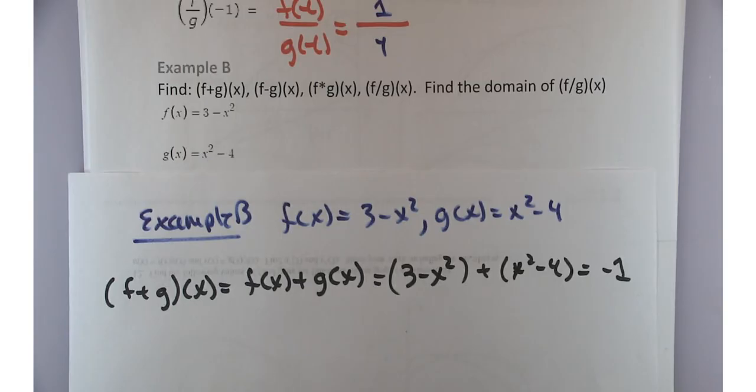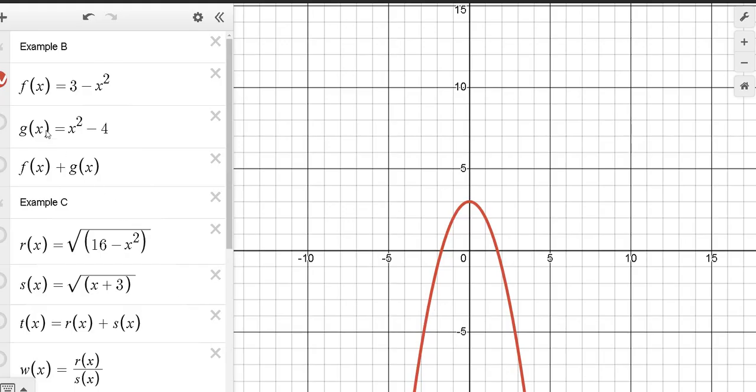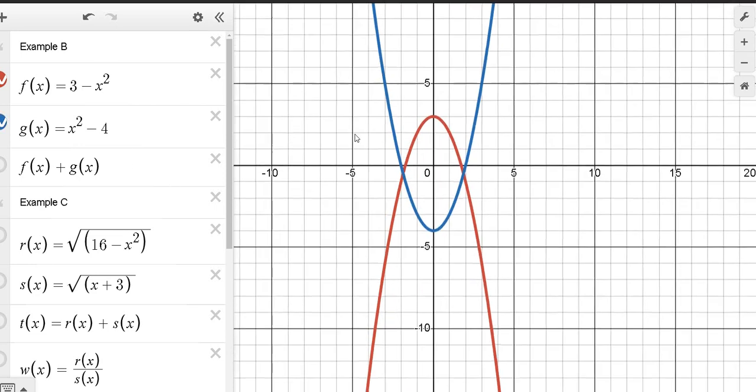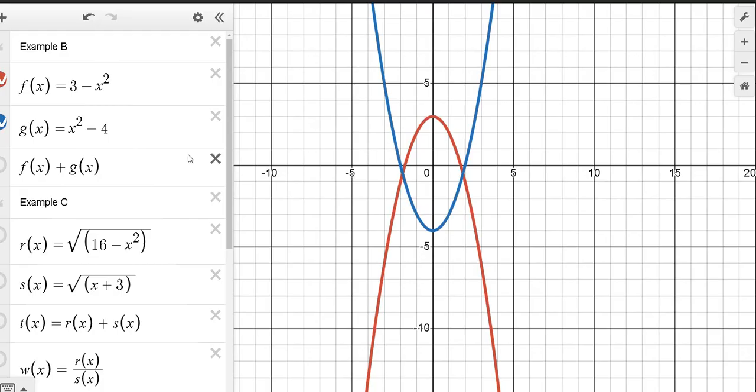Graphically speaking, here's your graph of f of x. It's a parabola that faces down. Here's your graph of g of x, faces up. But when you look at two points that are opposite, let's look at, for instance, f of 0 and g of 0. When you add those two together, 3 plus -4, you get -1.